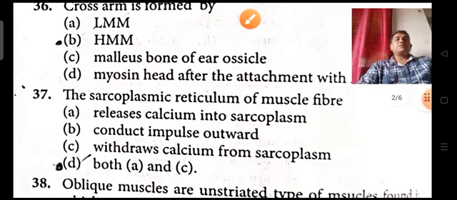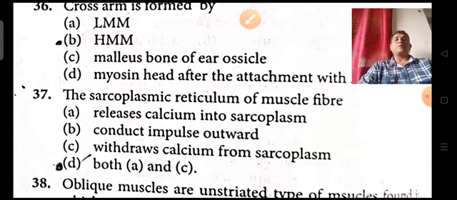Next, the sarcoplasmic reticulum. The sarcoplasmic reticulum of a muscle fiber releases calcium into the sarcoplasm, conducts impulses outward, or withdraws calcium from the sarcoplasm. The sarcoplasmic reticulum generally releases calcium into the sarcoplasm and withdraws calcium from the sarcoplasm.